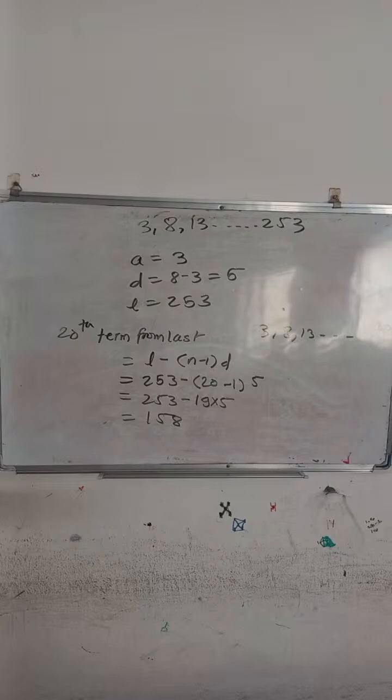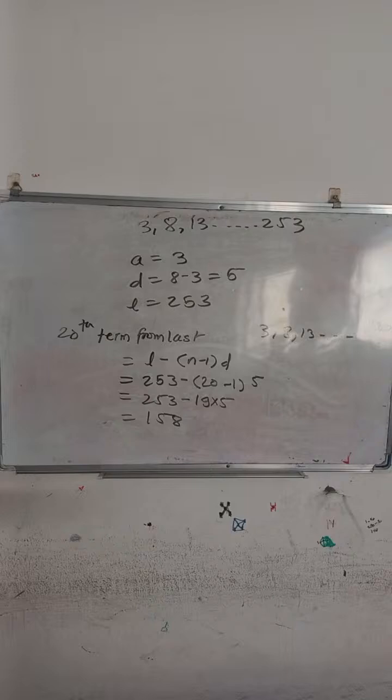Write down the next question. If 7 times the 7th term of an AP is equal to 11 times its 11th term, then find its 18th term.